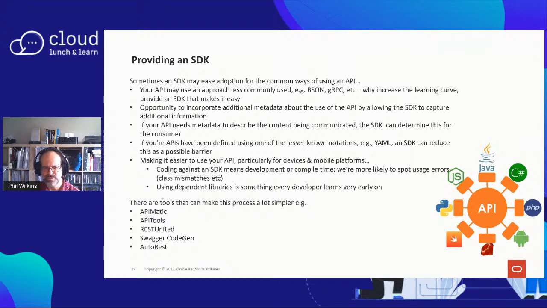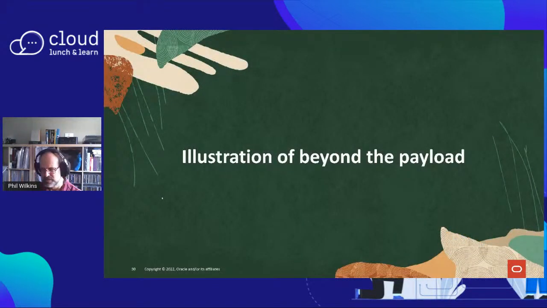And if your API has a particular pattern or model of use, then actually explaining that means you don't have to describe so much in the code, the SDK that you generate. So hopefully, I've convinced you of the value of looking beyond just the payload and the value you can gain from investing that extra time at looking at all those ancillary areas. Almost you could describe them as the non-functionals.